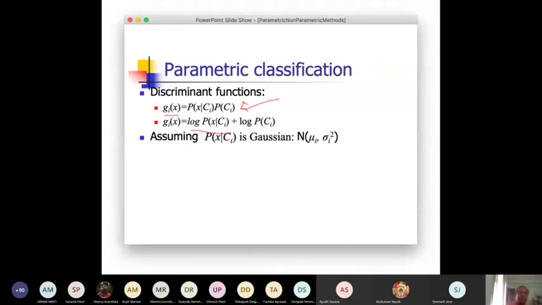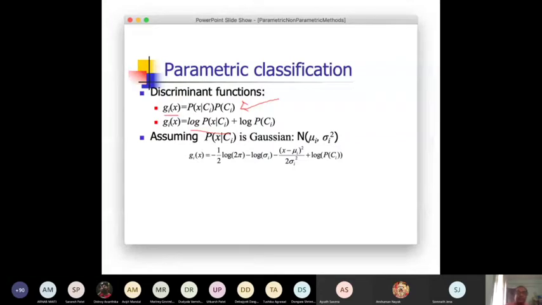If I assume that the class likelihood of data is Gaussian, following this particular distribution, then our discriminant function is given in this form. That is the posterior function.